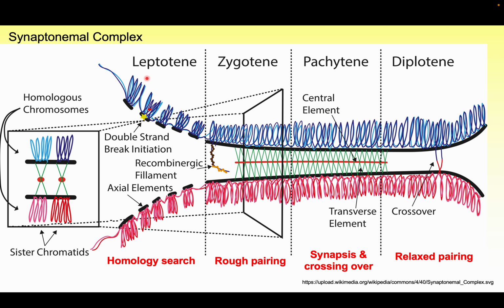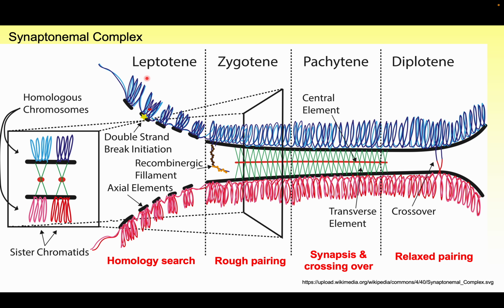Now, an important structure that I want to discuss further is the synaptonemal complex. This is a key element in the meiotic cell cycle.